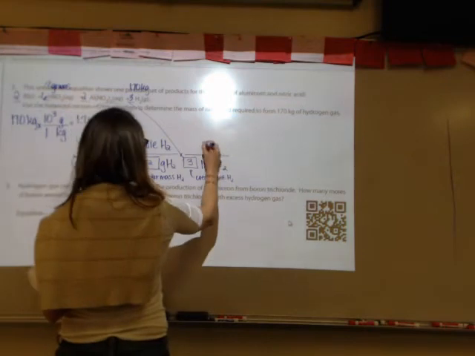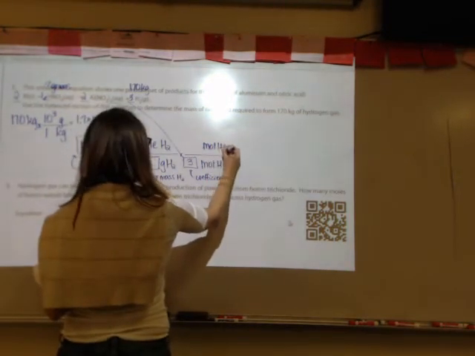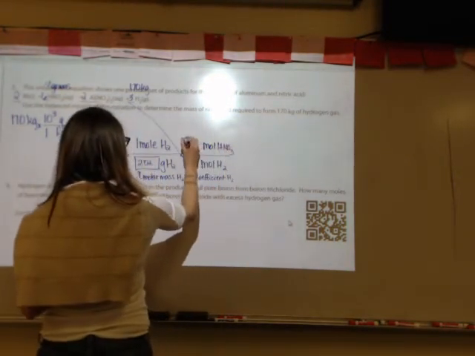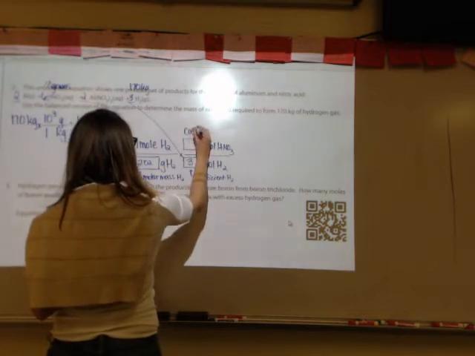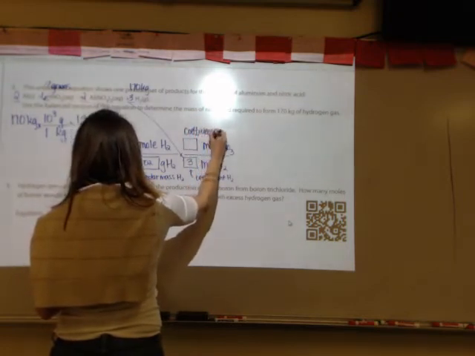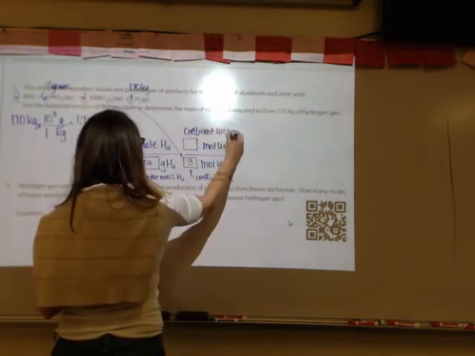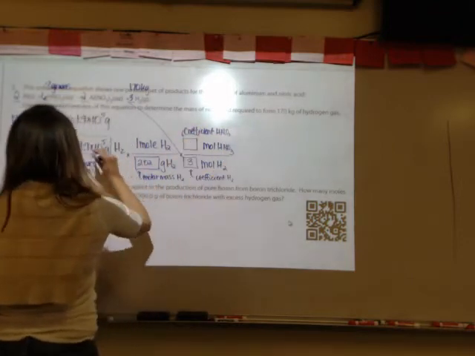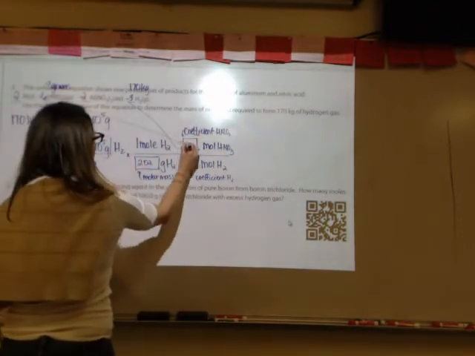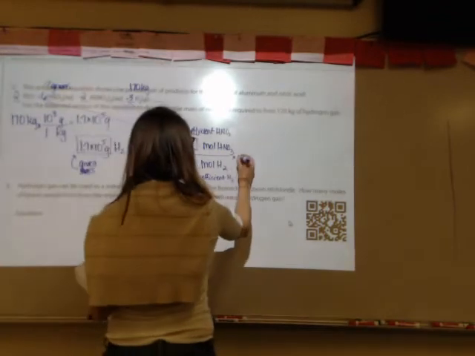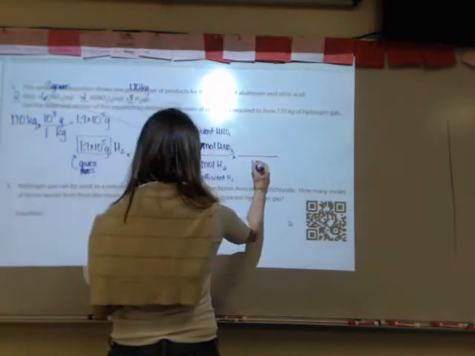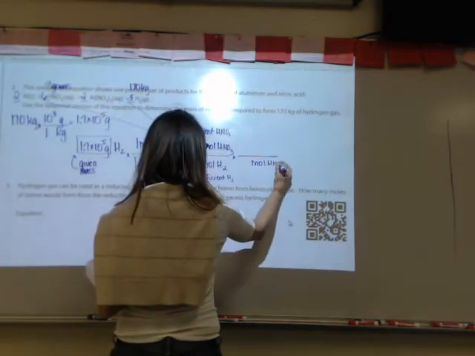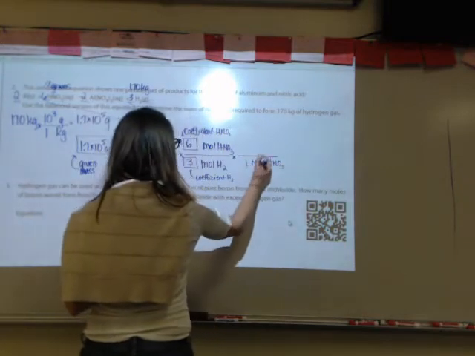I'm going to moles of HNO3. The number that goes here is the coefficient on HNO3 from the balanced equation, and that is a 6. Moles of HNO3 follows you onto this diagonal. It will always be 1.